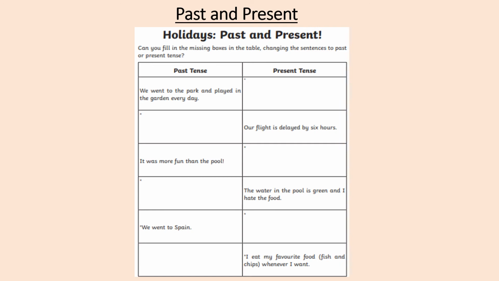We went to Spain. That's already happened, but you have to put it into the present tense now. So that's a bit of an easier sentence. And I eat my favourite food, fish and chips, whenever I want. That means you've got to now change that one into the past tense. So they've already had their favourite food, which is fish and chips.